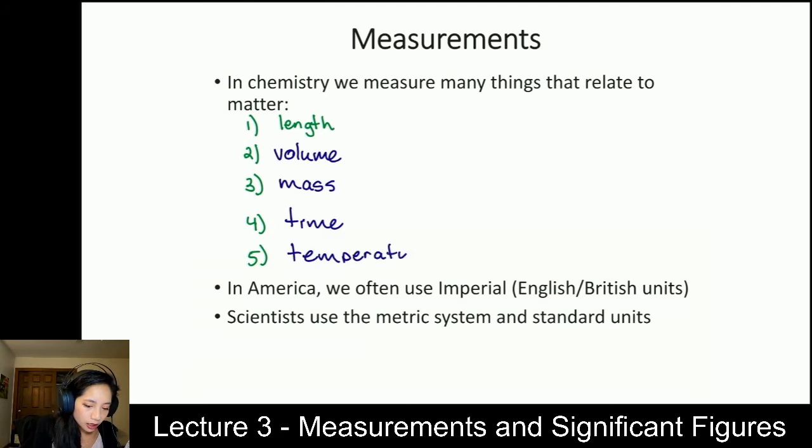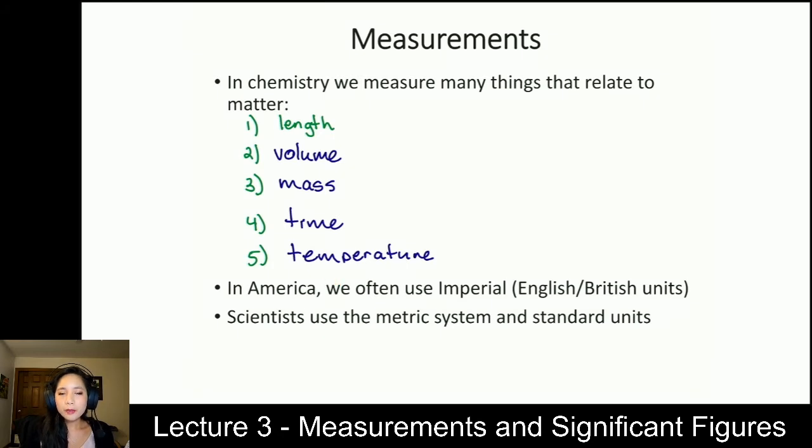So those are the five different aspects that we can measure about an experiment or an object that we can measure in lab easily. We will be talking about all 5 of these different dimensions of matter in detail, but it's important to point out the units that go along with all of these different things that we can measure.